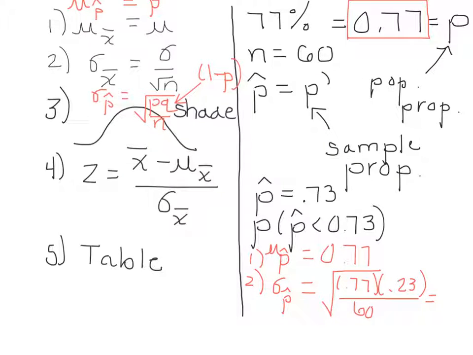When you calculate that on your calculator, you should get a standard error of about 0.0543.